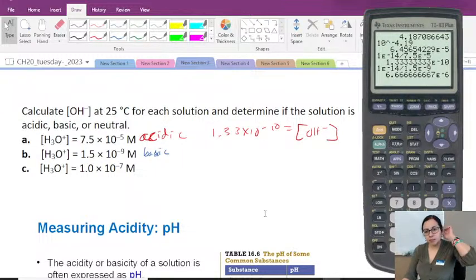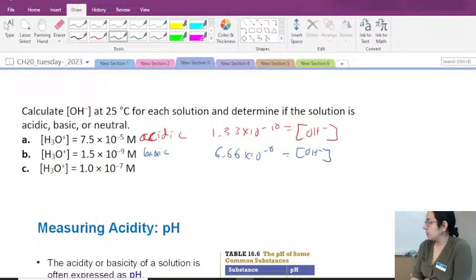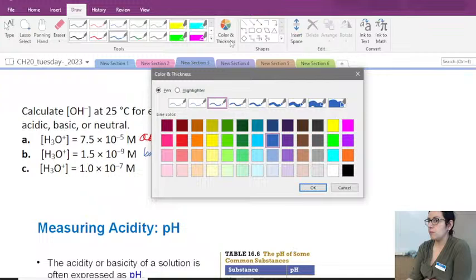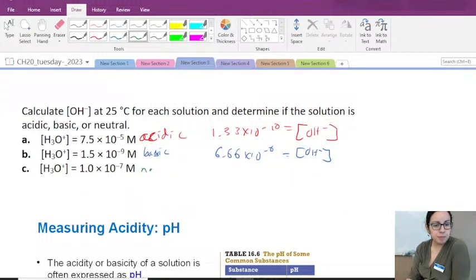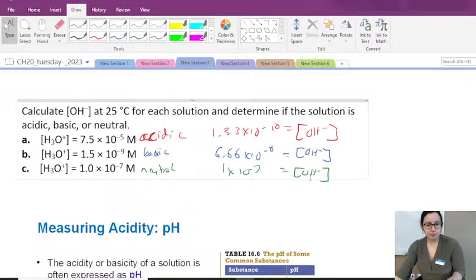Oh, 6, off on my mental math. So 6.6 times 10 to the negative 6. And then what about C? Neutral, and it would be the same concentration of OH. So that looks good, exactly neutral. B was the same. Perfect.